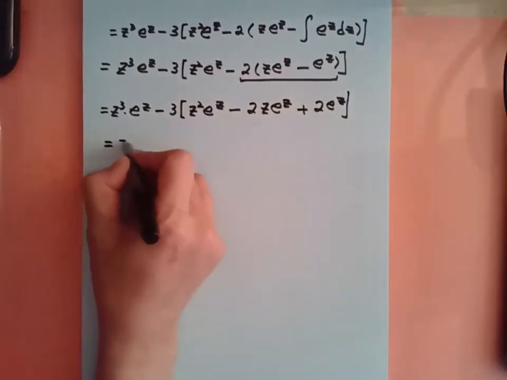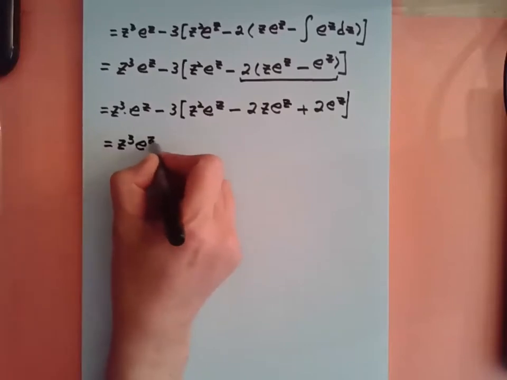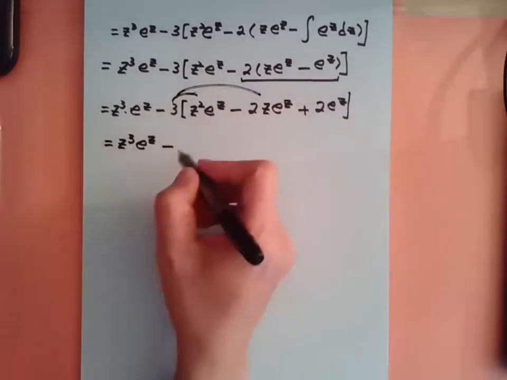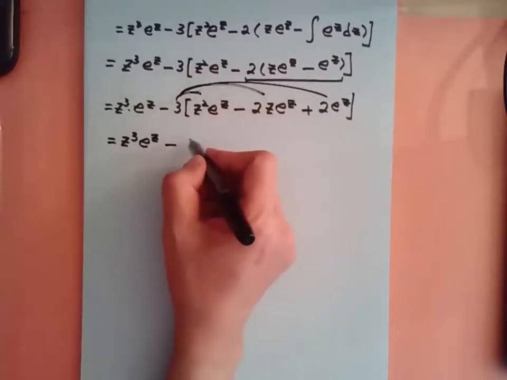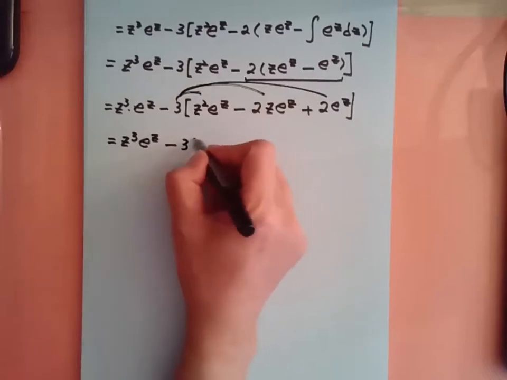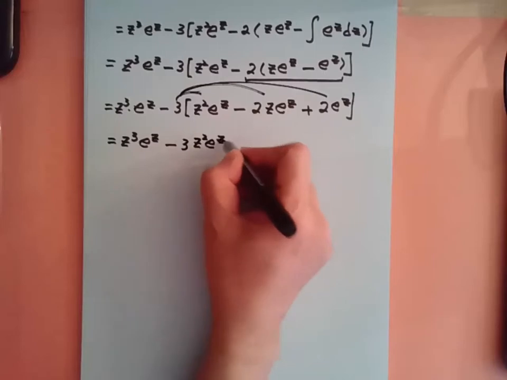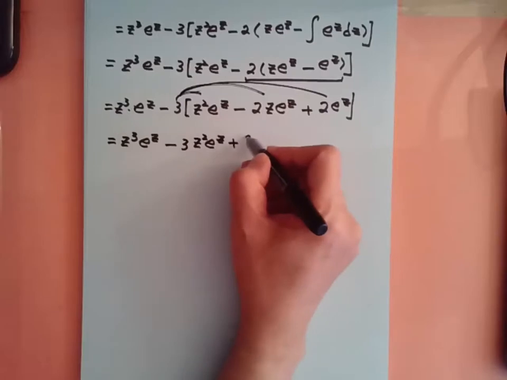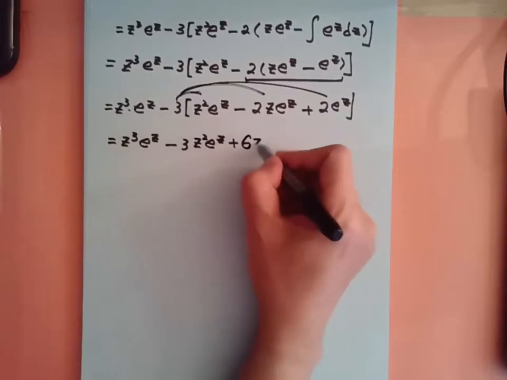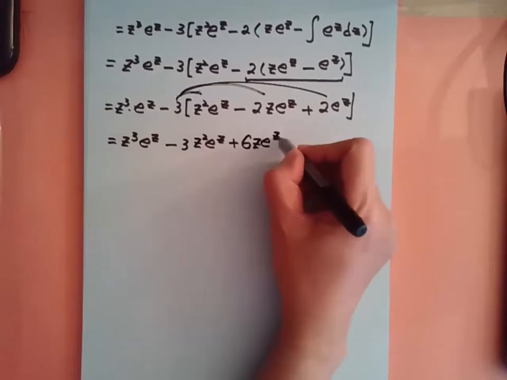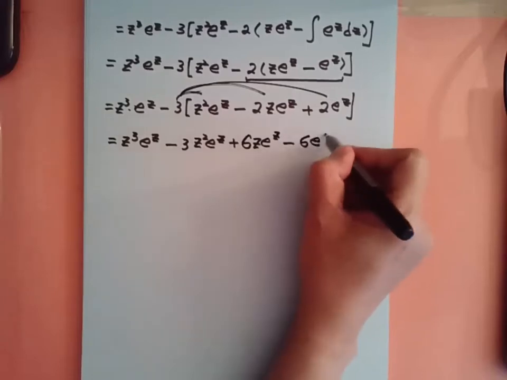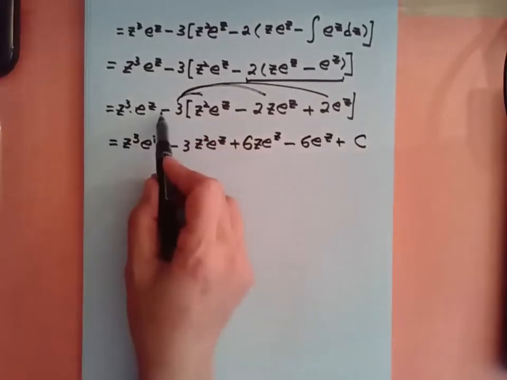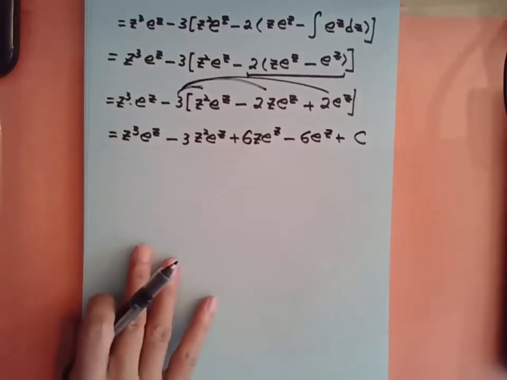So that becomes z cubed e to the z minus, we multiply by minus 3 for each term. Then that is 3 times z squared e to the z, plus 3 times 2 is 6, minus minus is plus, so plus 6z times e to the z minus 6 e to the z plus c, because 3 times 2 and minus times plus is minus.